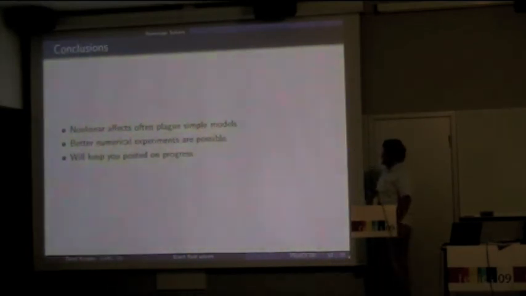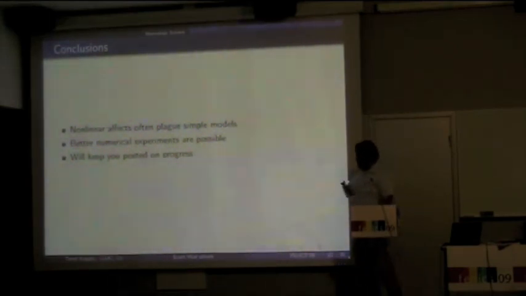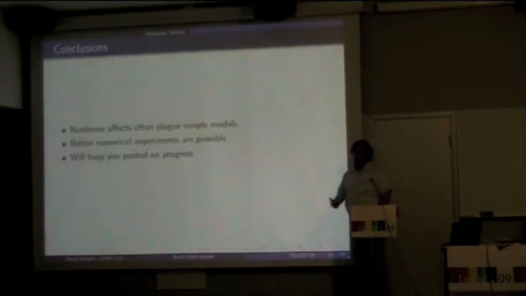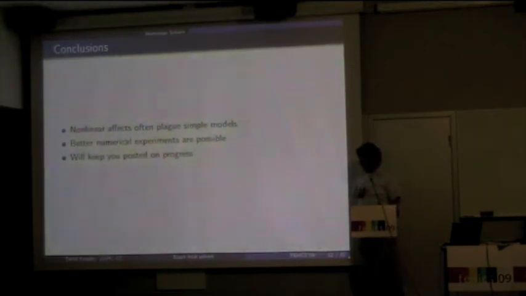So my conclusion, to make it a pretty short talk. Nonlinear effects really plague simple models, even these simple models where you just want to know a little bit about your problem before you start building the big system. It would be really nice to have an idea of what your solution space looks like, which often you don't get elsewhere.